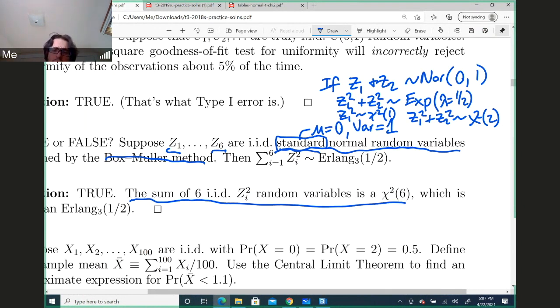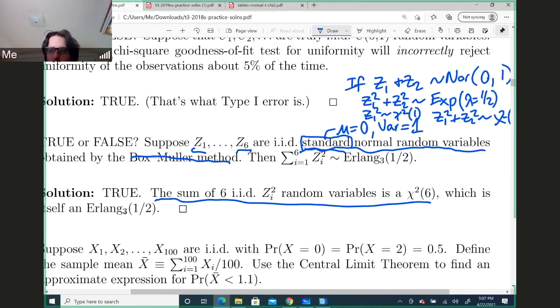There's sort of 2 ways that you can get to Erlang of 1/2.